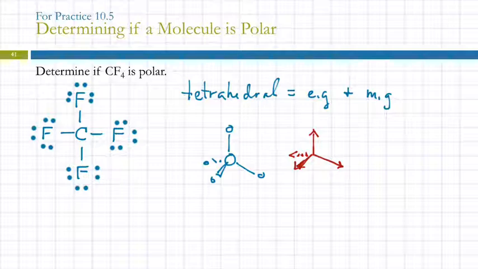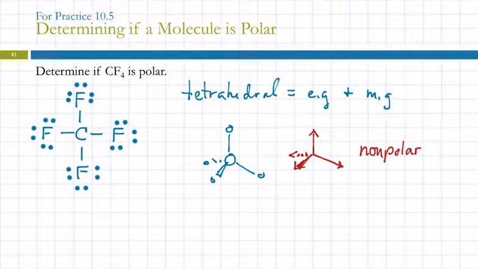In a tetrahedron, those 4 things are spread out equally in 3-dimensional space, and they're pulling in opposite directions. Can you kind of see how those vectors are going to add up to 0? It's hard. I'll give you that. So we can look at the vectors and say this is a nonpolar molecule.